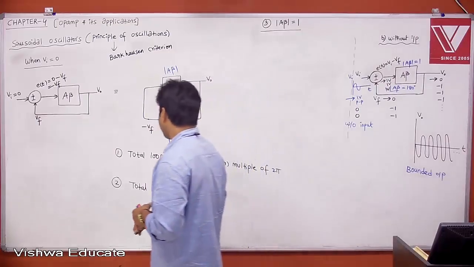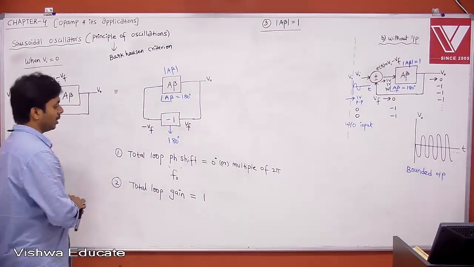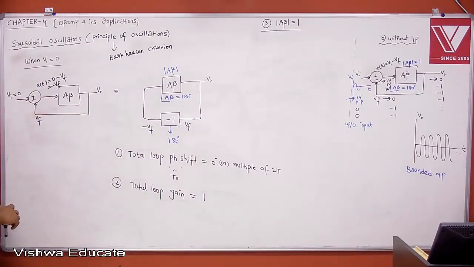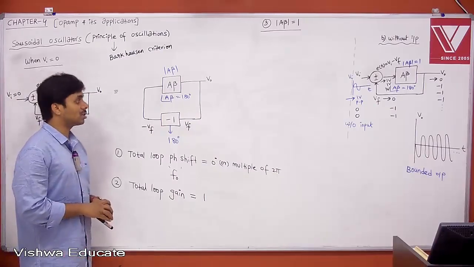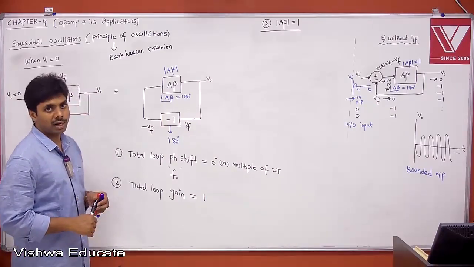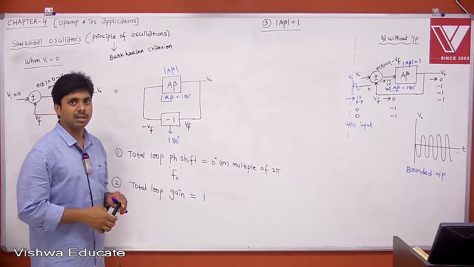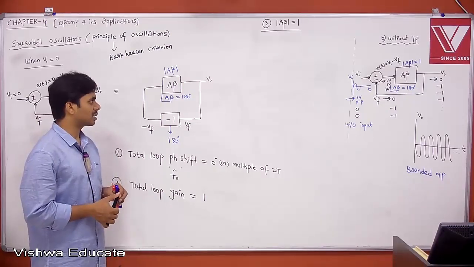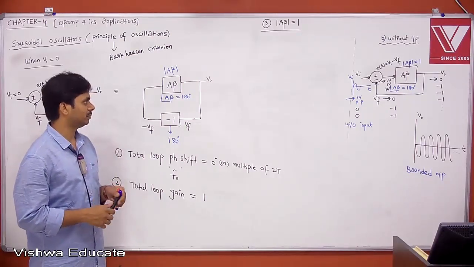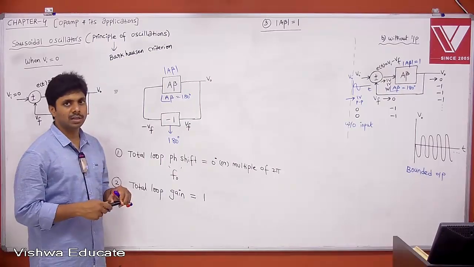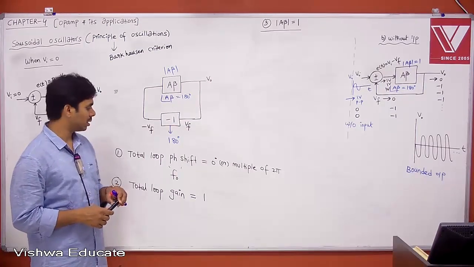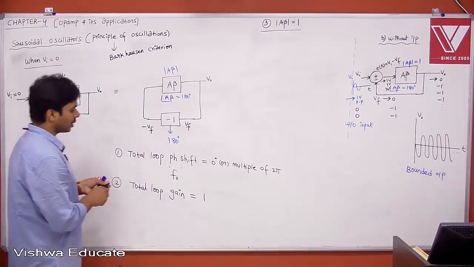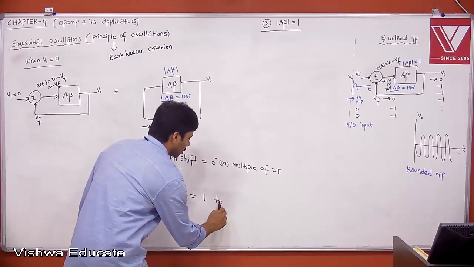Total loop gain must be equal to unity to get sustained oscillations.